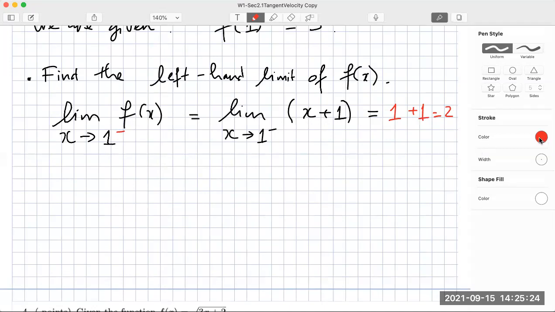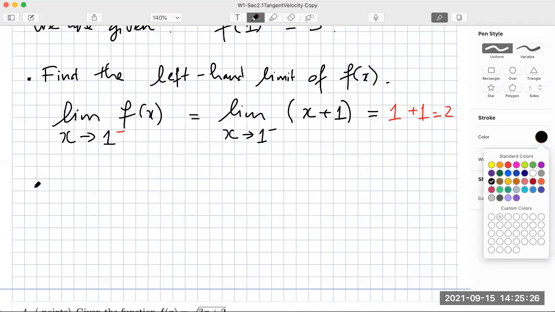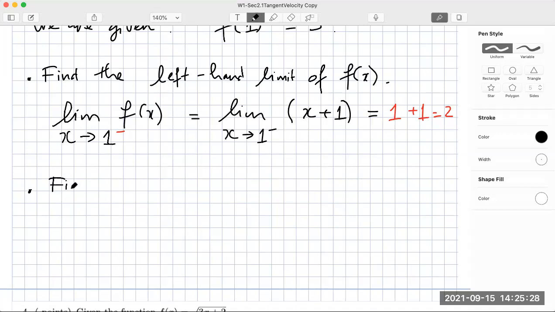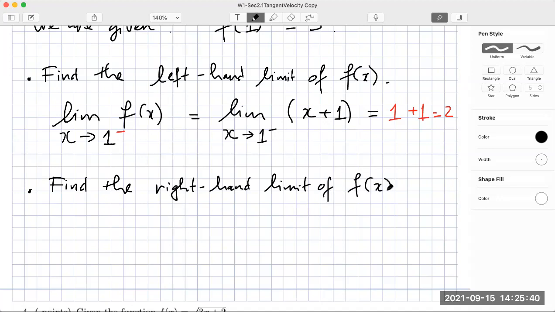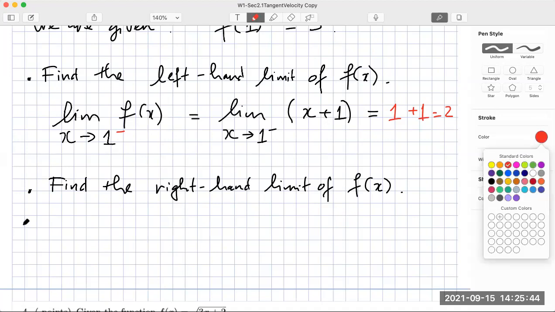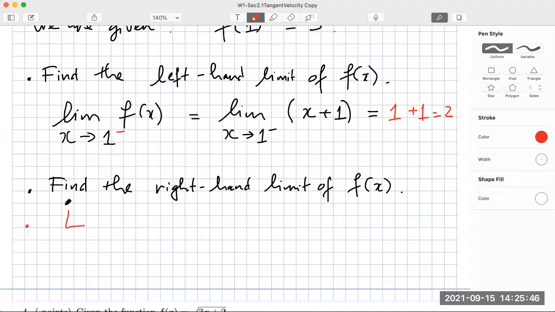Okay. Second, we need to find the right-hand limit of f of x. Or in the exams, you don't have to write this much. You can simply write, okay, right-hand limit.